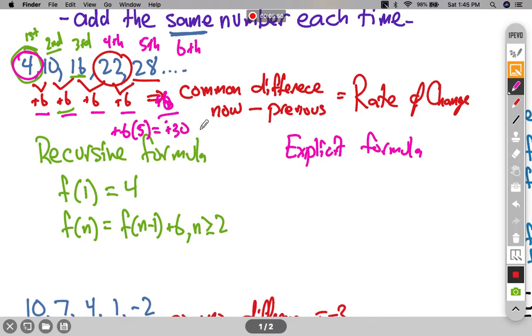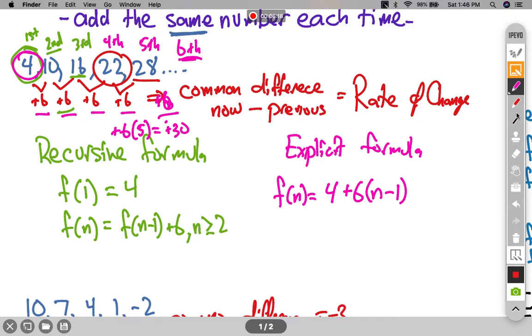This is kind of the idea of the explicit formula. The explicit formula, I can say f of n, I started with 4, and I'm adding 6, but how many times did I add it? Well, to get the 6th term, I added, again, 1, 2, 3, 4, 5. So if n is 6, I want to add it 5 times. I go n minus 1 here.